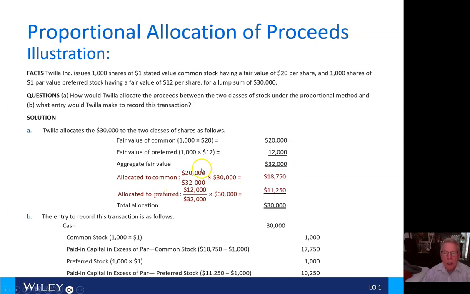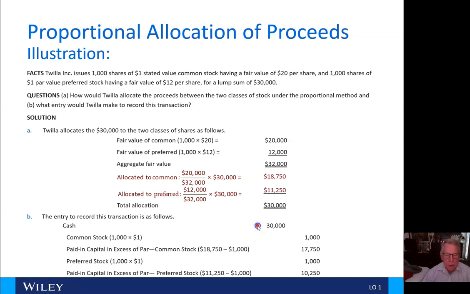We take 20,000 as a percentage of 32,000 and multiply it times the 30,000 to get 18,750. We do the same thing with preferred stock to get 11,250. So the total allocated was $30,000.